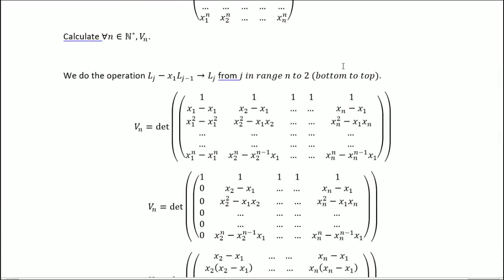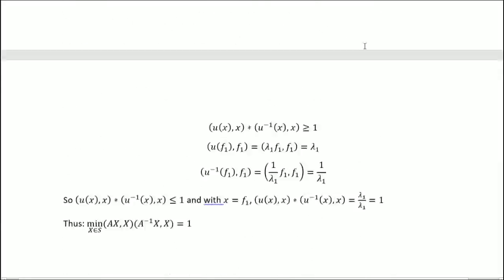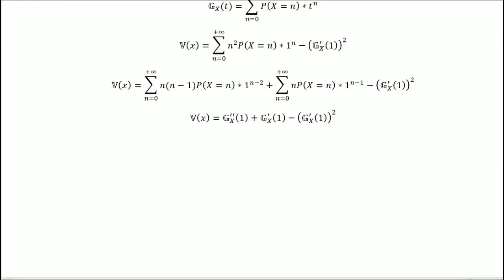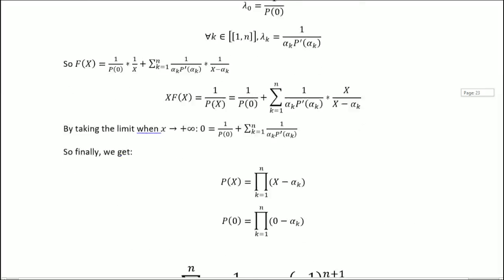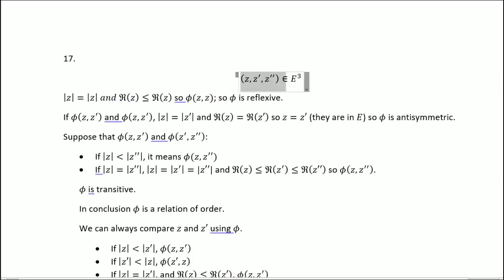So let's go to number 17. Wait, where is it? So I take three elements of E cubed. So if we have that, well, I take z. z has its own modulus equal to its own modulus, and its real part fits this condition.